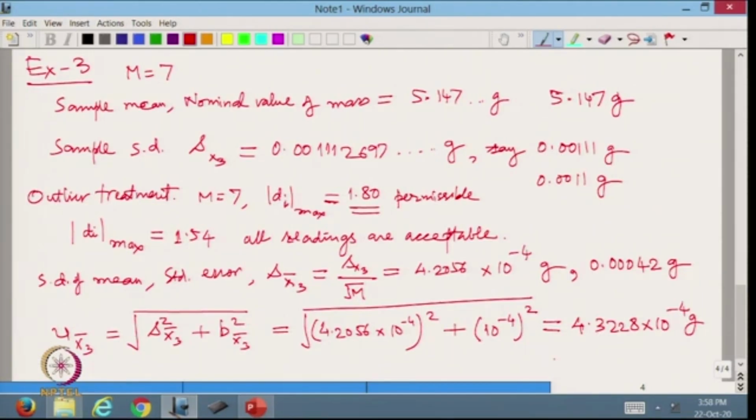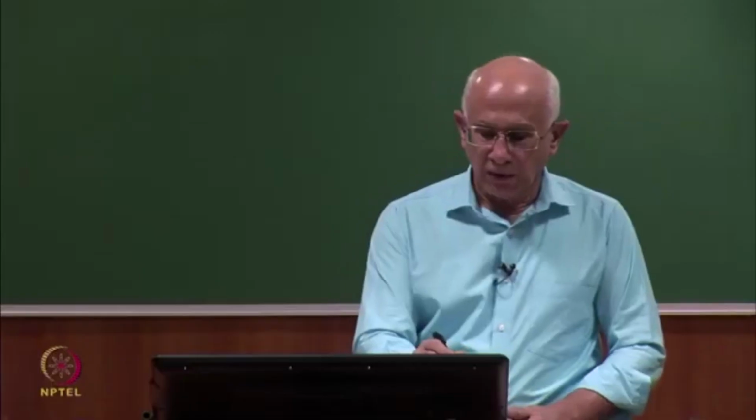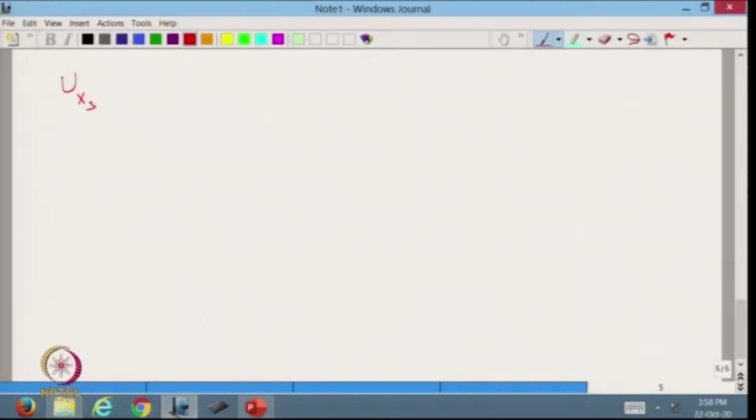And then in the next step we have to calculate u x3 bar at 95% confidence level.